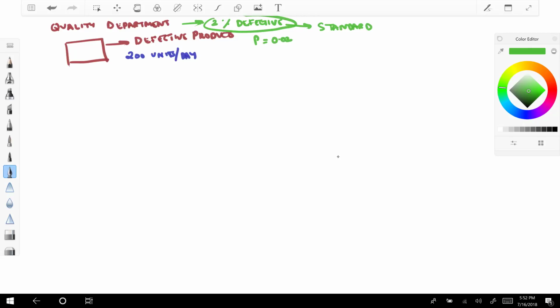Now the quality department measures each day how many defects there are.